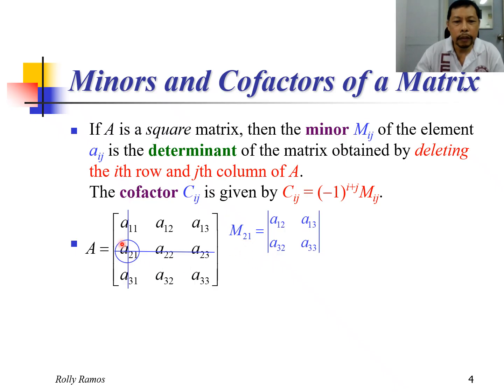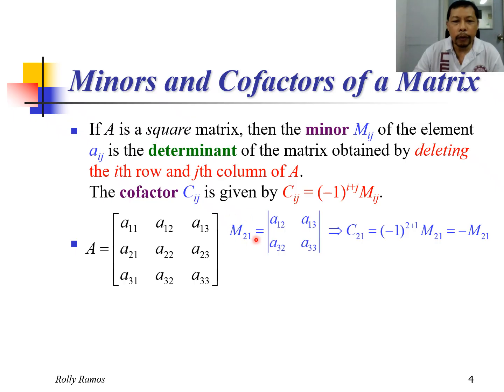Since we are finding the minor of this element, it belongs to row 2 and column 1. So delete row 2 and column 1. What will remain would be A12, A13, A32, and A33. So M21, the minor of 21, is simply the determinant of this matrix. And that would be equal to the product of this minus the product of these elements.